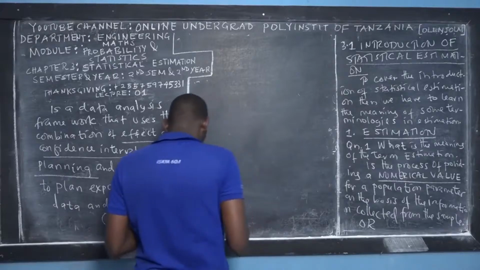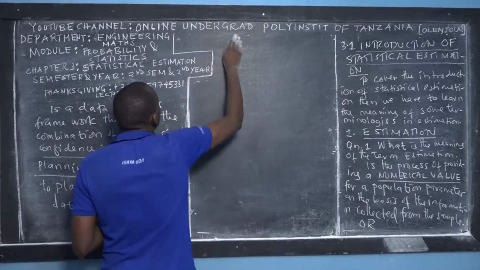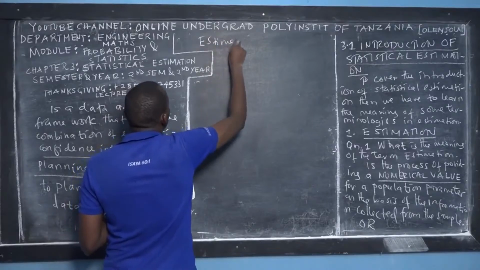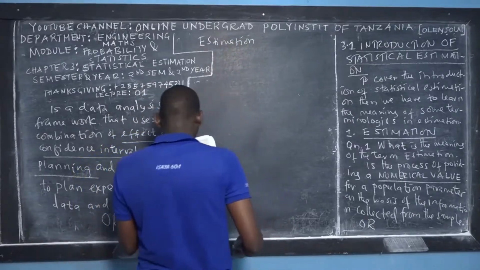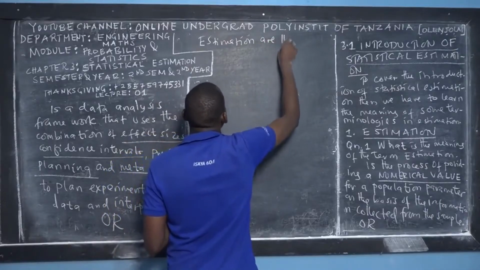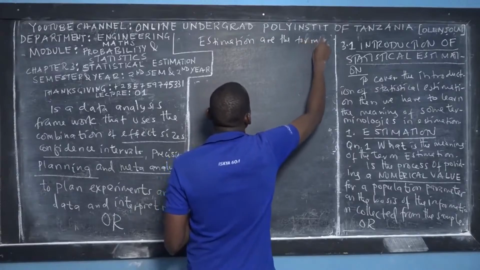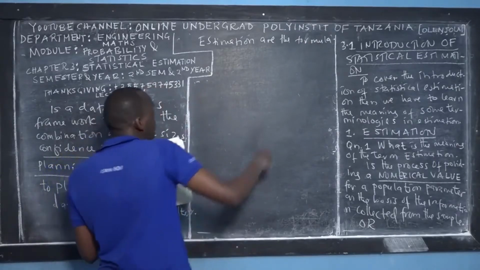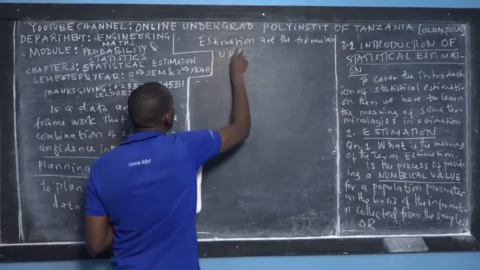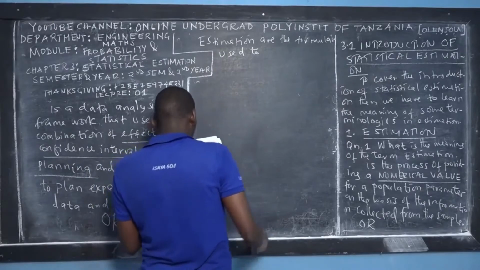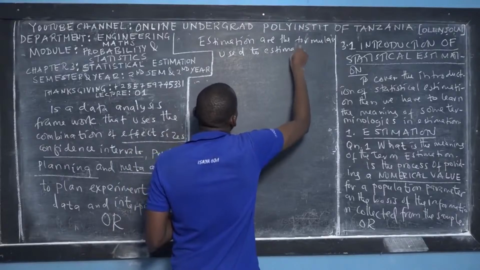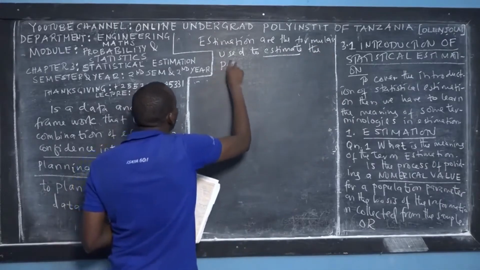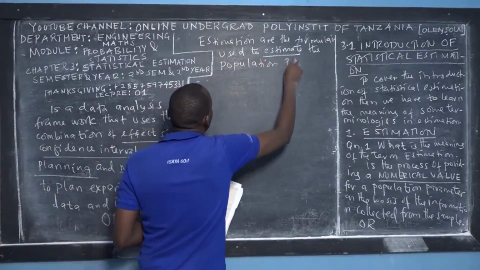Or we say that estimation refers to the formulas, according to the definition of the Doctor of Mathematics at the University of Dar es Salaam, the formulas used to estimate the population parameter. You see? Short but powerful.